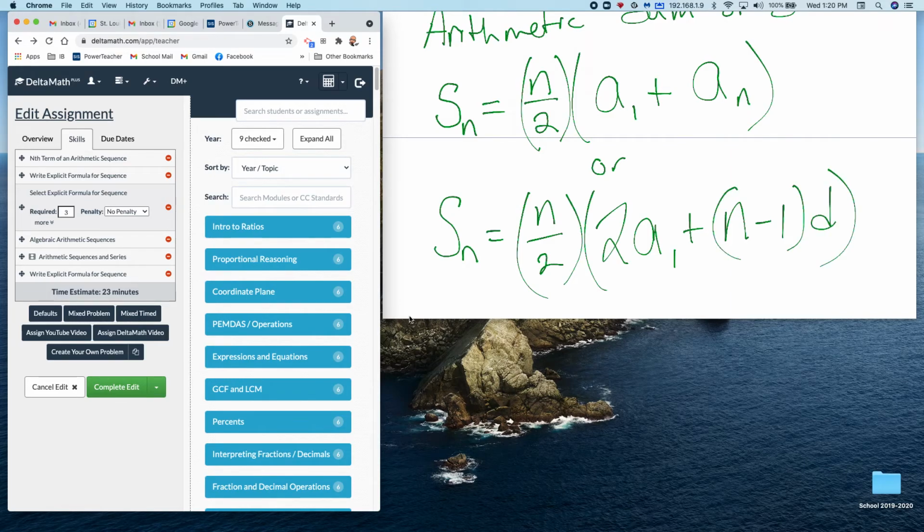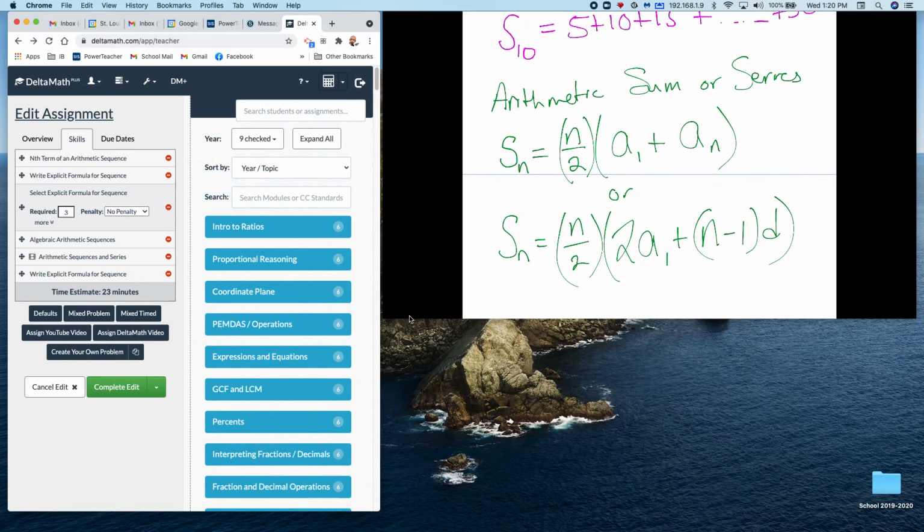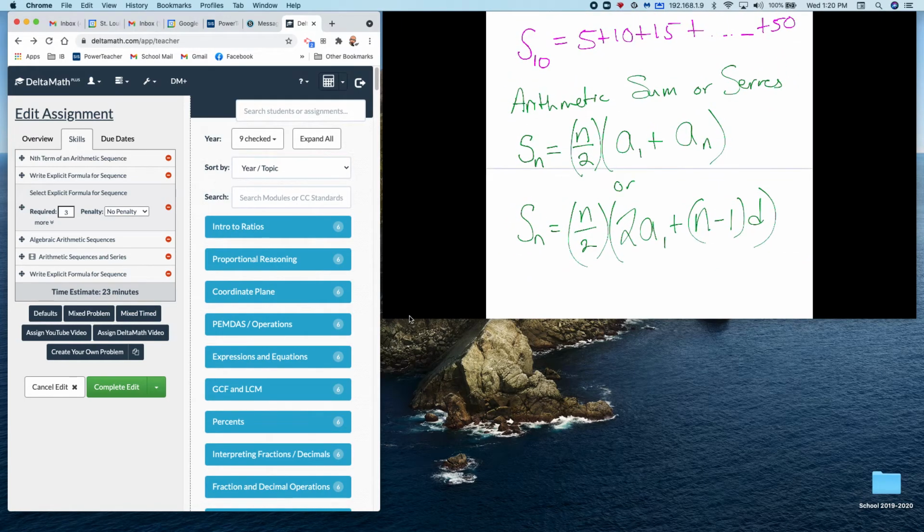So if I'm doing the problem we just got done looking at, I could say the sum of the first 10 is 10 divided by 2 times 2 times 5 plus 10 minus 1 times the common difference. In this case, it was 5, and then whatever the calculator tells me, that's the answer.